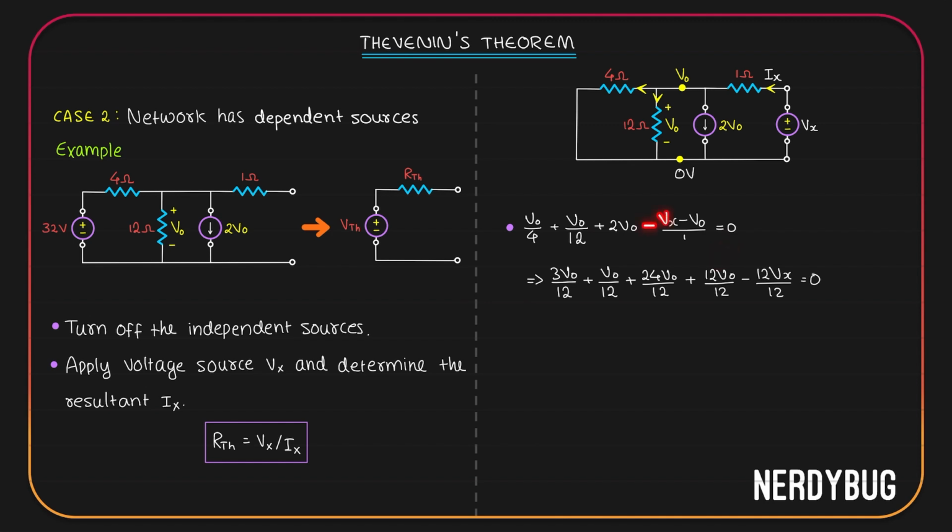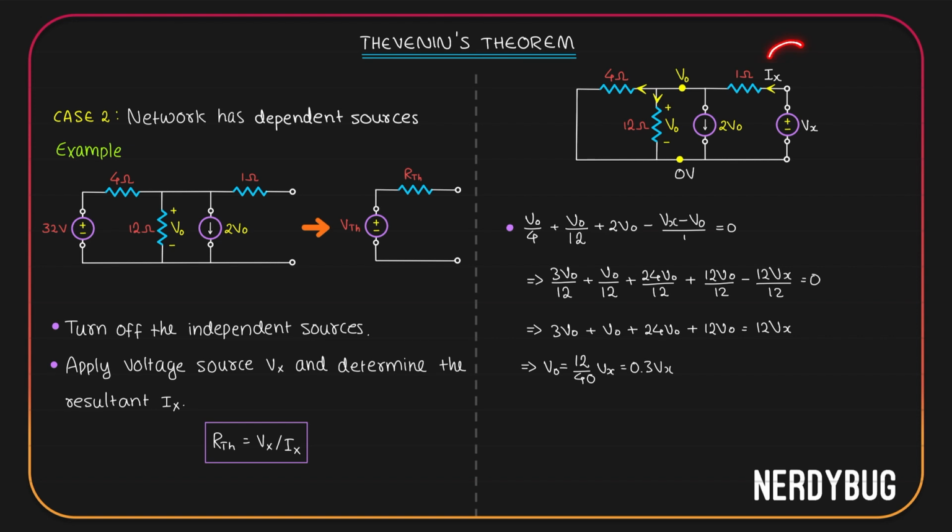Minus Vx, I wrote it as minus 12 Vx divided by 12. I did this so I have the same denominator for all of them. Now I can cancel the denominator. That gives me 3 V0 plus V0 plus 24 V0 plus 12 V0 is equal to 12 Vx. So V0 is 12 by 40 Vx or 0.3 Vx.